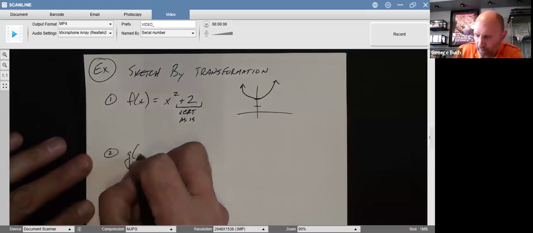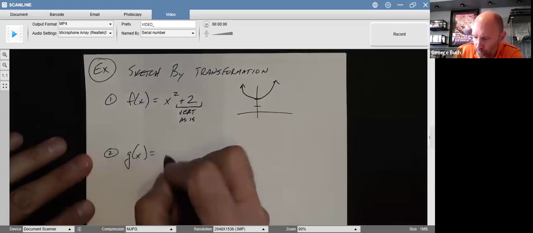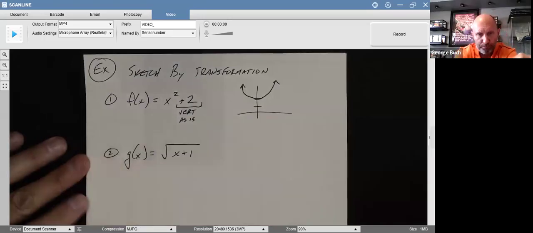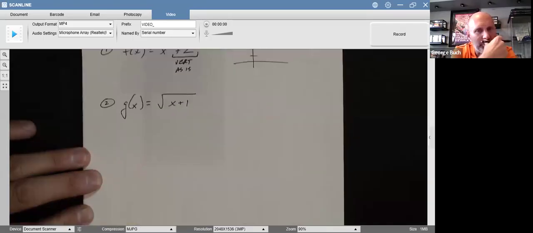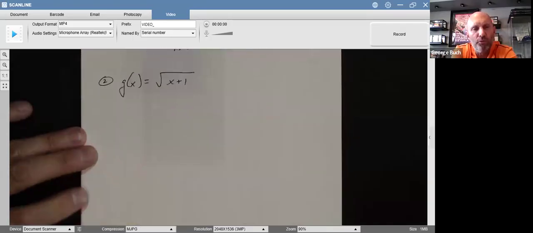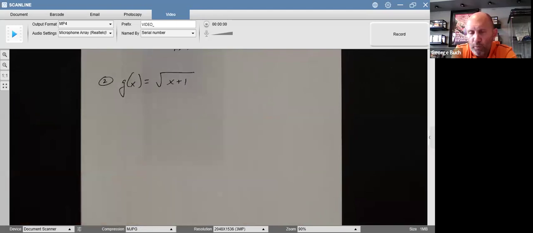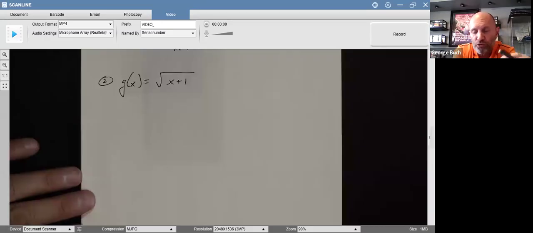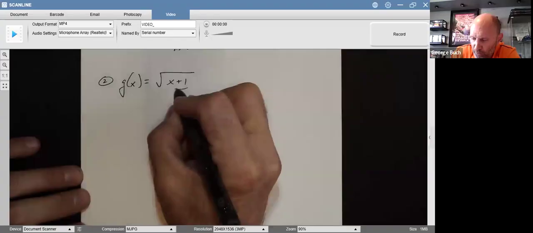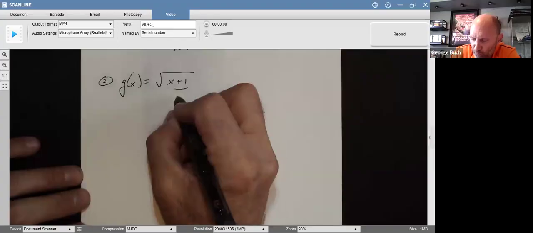Let's say we have g of x is equal to the square root of x plus 1. So our parent function is the square root function, but we have a plus 1 inside. So what does that do? Well, if you remember the little acronym IHOP, if the number's inside, it's horizontal shifts, and it's the opposite of what I see. Because I see plus 1, I think of it as 1 unit left.